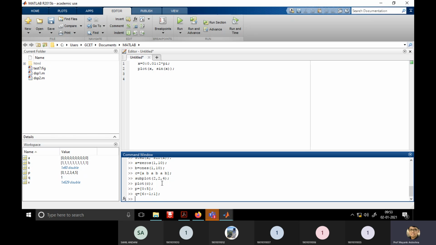So you can see the workspace value. Okay, there is some mismatch. In this case it is a colon. Now just see p and q, it's a reverse plotting, 6, 5, 4, 3, 2, and 1.